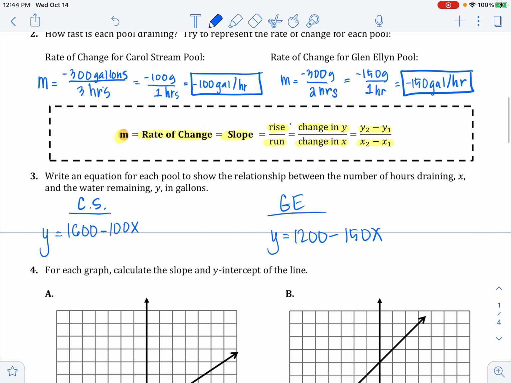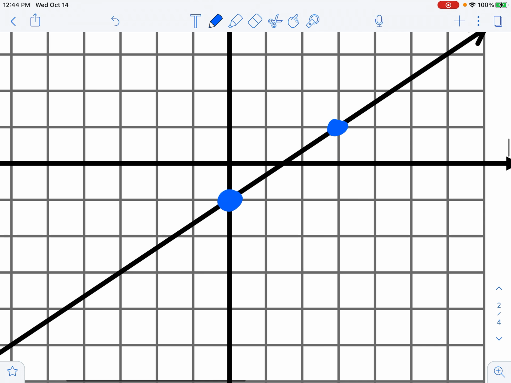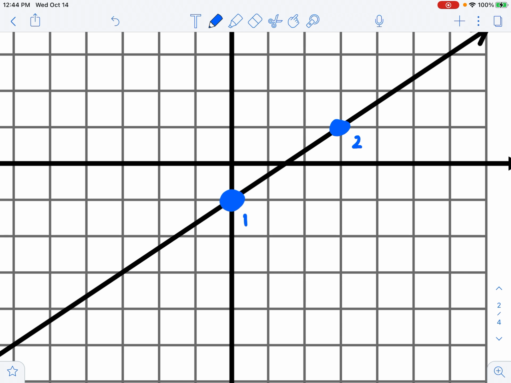All right, now one of the ways that I told you to get slope is by doing the rise over the run. If you go up or to the right, those are positive. If you go to the left or down, that's considered negative. So I'm going to ask myself, how do I get from this first point to this second point right here? How much do I have to rise? If you look, you rise 1, 2.